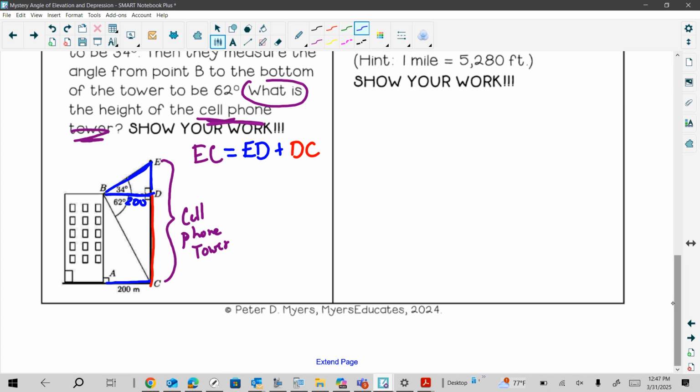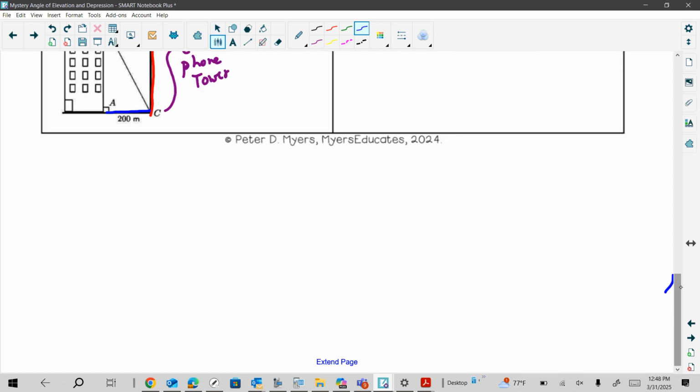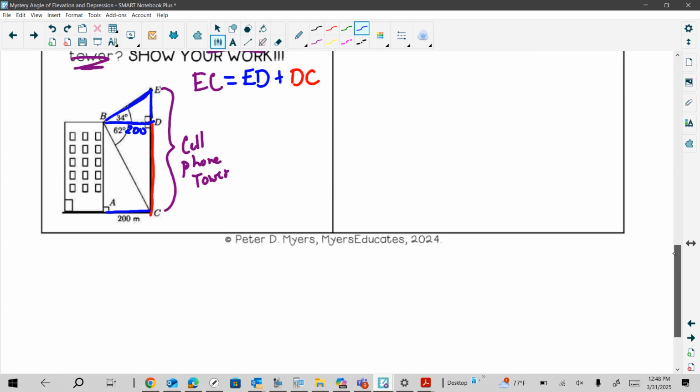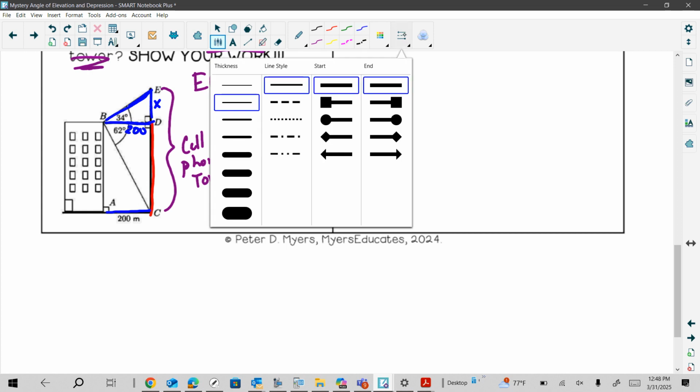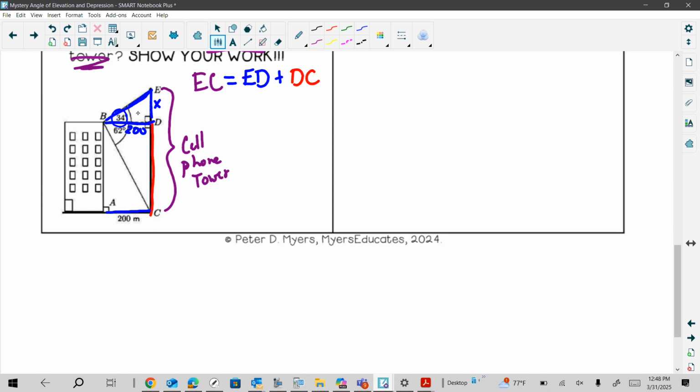So I'm going to start with this small triangle, the blue triangle for me. I'm going to label my ED as X. To find that segment ED, I'm circling the 34.